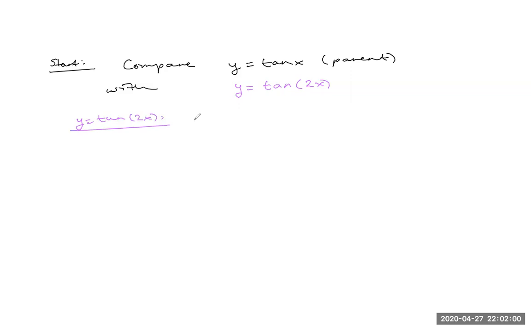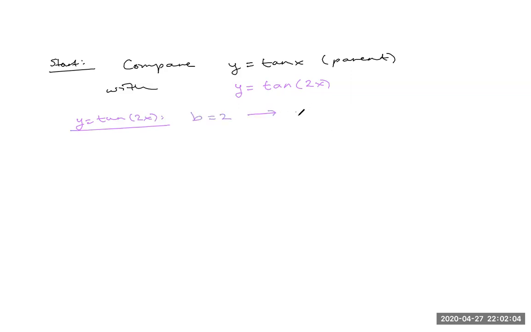Okay, so we're going to start. Let's compare y equals tangent x, our parent, with y equals tangent 2x. Okay, so for y equals tangent 2x, we see that b is equal to 2.